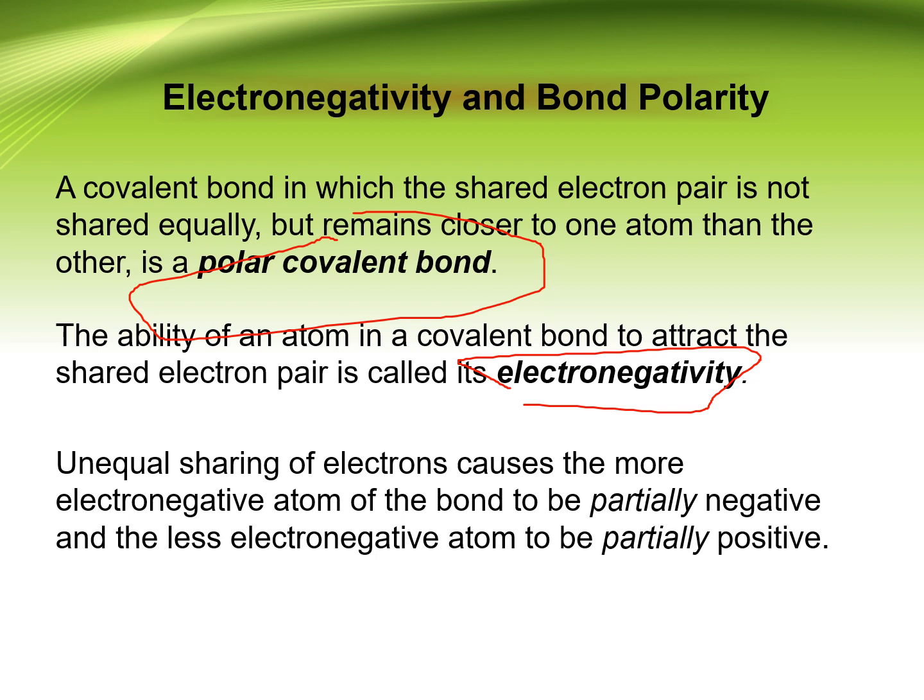Electronegativity is the ability of an atom to attract the pair of electrons. The more electronegative atom we call partially negative, and the less electronegative atom we call partially positive.